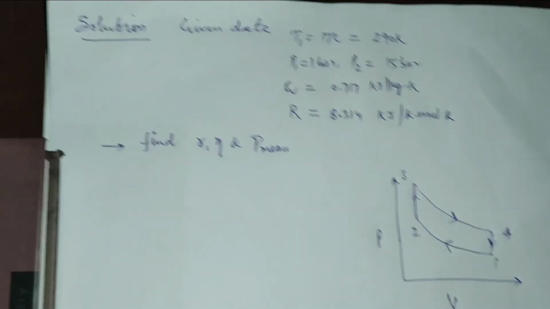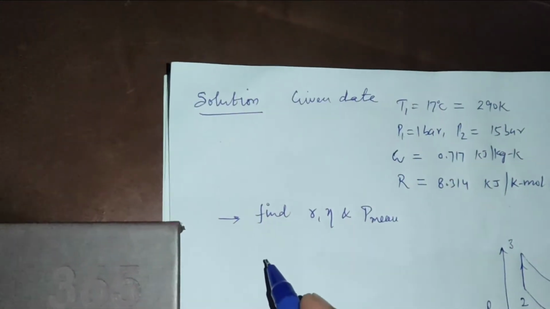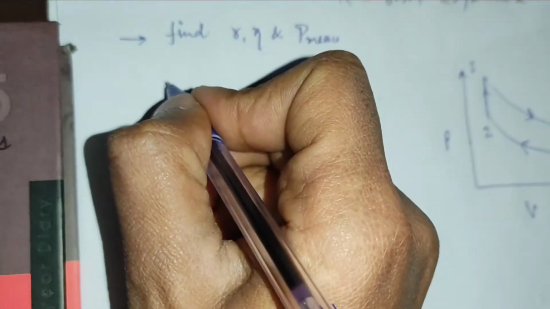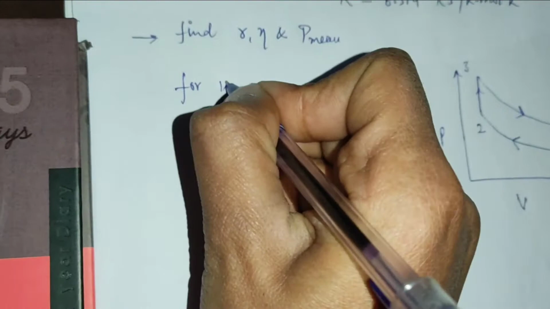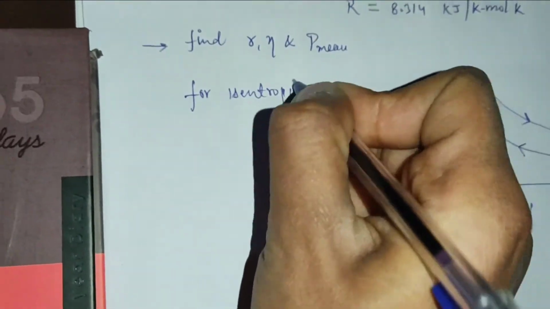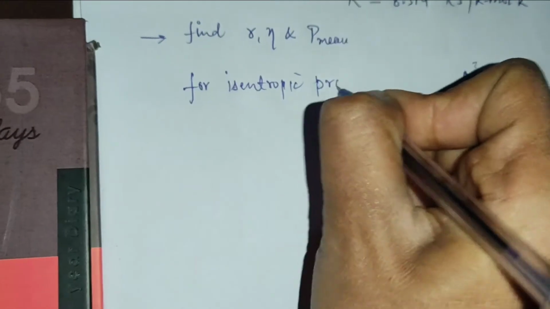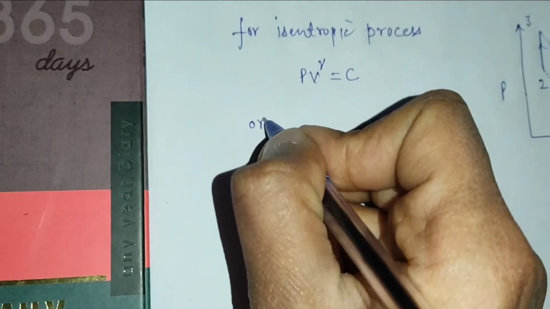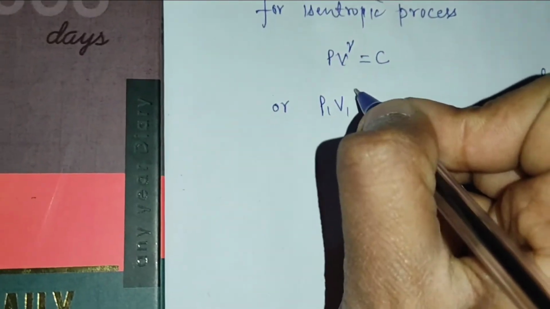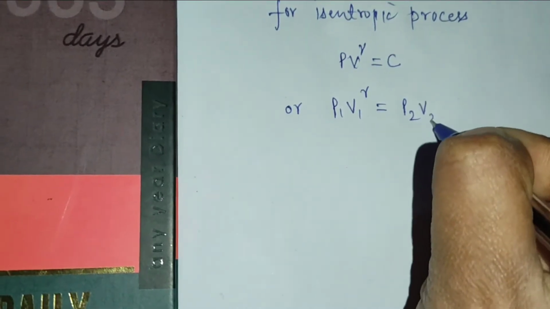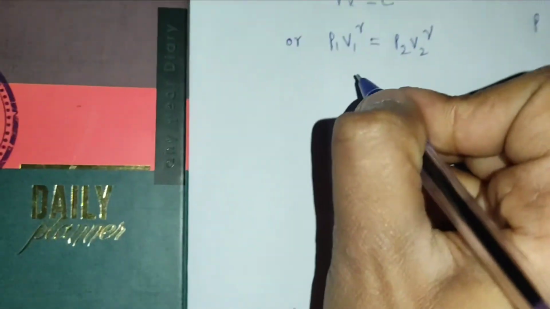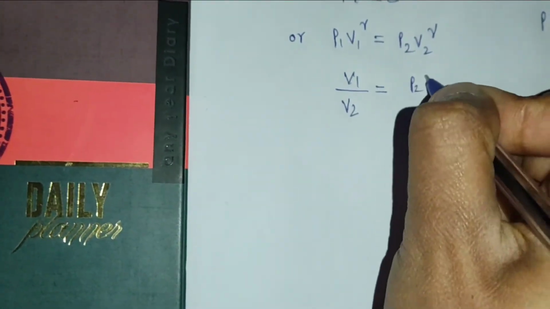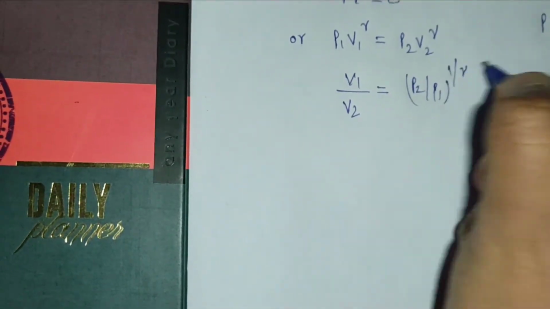So first of all, we will calculate compression ratio of this cycle. As we know that for isentropic process, PV to the power gamma is equal to constant, or P1 V1 to the power gamma is equal to P2 V2 to the power gamma, or V1 upon V2 is equal to P2 upon P1 to the power 1 upon gamma.